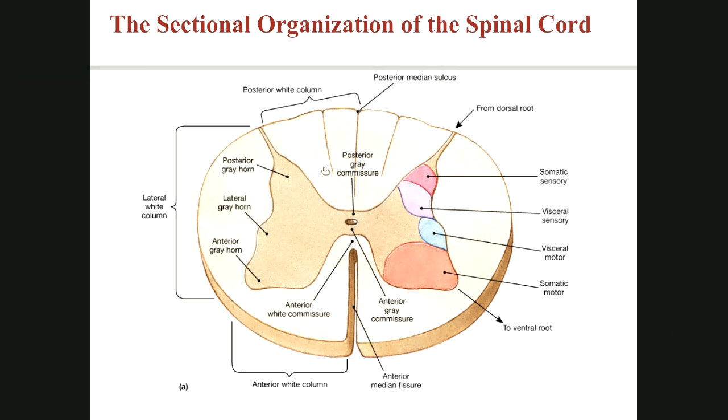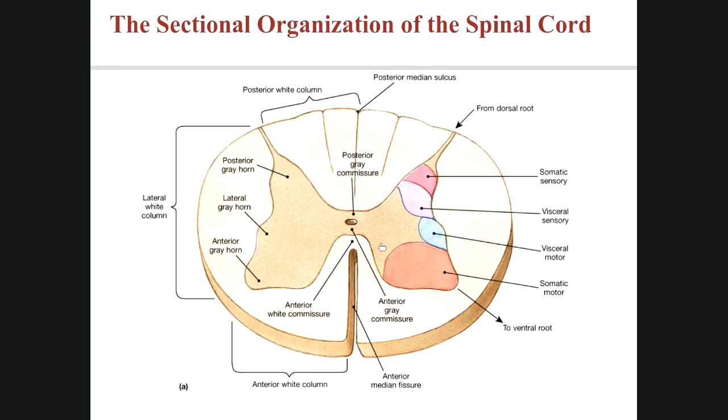One of them is called the posterior or dorsal column. One of them is called the anterior or ventral column. And two of them on both sides are called lateral columns. Instead of column, you can use the term funiculus. In the dorsal column, you have one sulcus. This sulcus is called the posterior median sulcus.